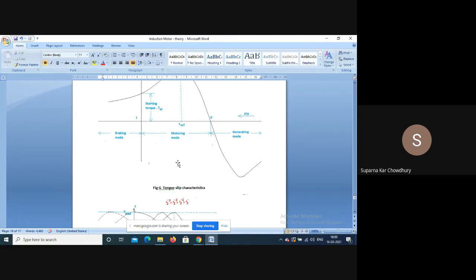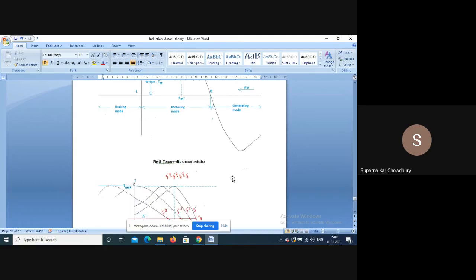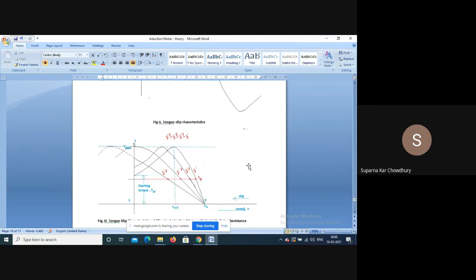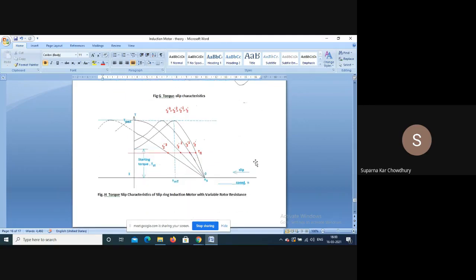Now this is not possible for a squirrel cage motor, where the rotor resistance is fixed, but for a slip ring motor we can insert resistance externally. This one I have just drawn for the motoring mode.